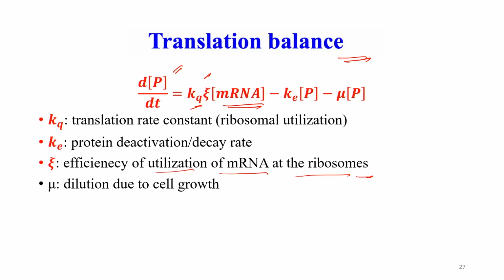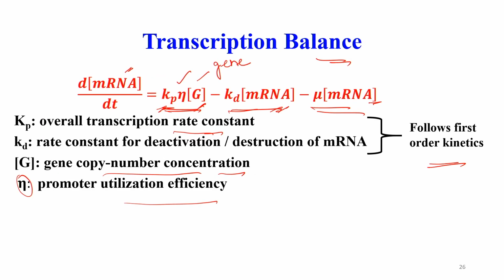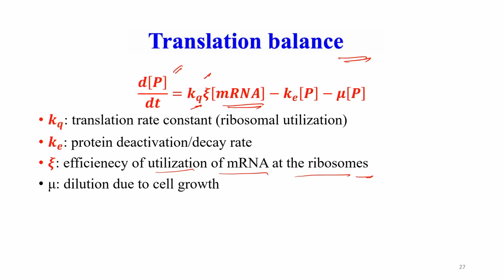Earlier we had the efficiency factor eta, the promoter utilization efficiency, and here we have psi, the efficiency of utilization of mRNA at ribosomes, plus the deactivation, and the last term is the dilution. So, these are very simple kinetics for both transcription and translation.